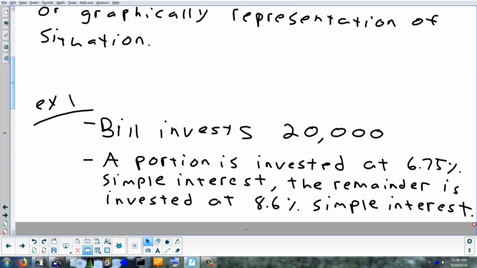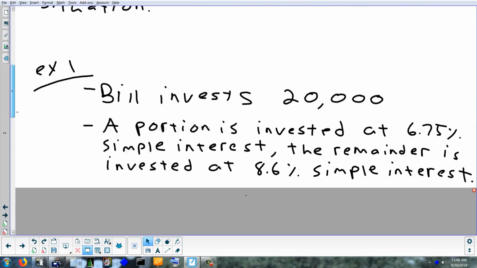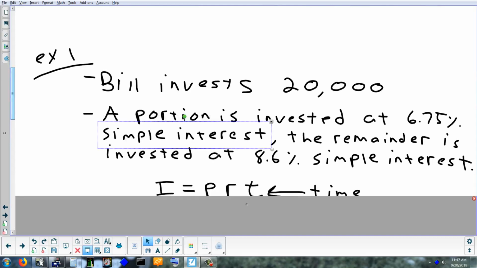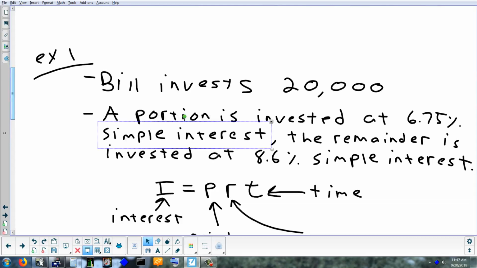But anyway, there are 2 investments, and both are what we call simple interest. We know what interest is, right? Money that the bank gives you because you just let your money sit in the bank. They have your money, so it's like a thank you for letting us keep your money. Well, we have to know the formula for simple interest. That's a formula you need to know. It's I equals PRT.